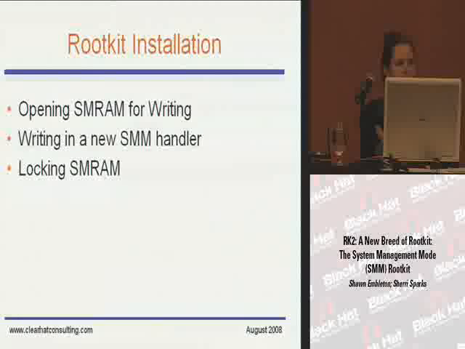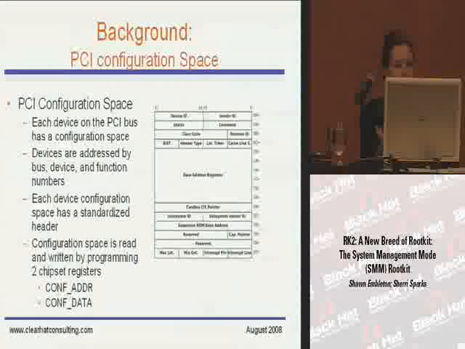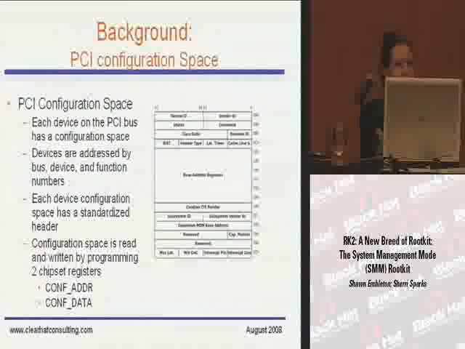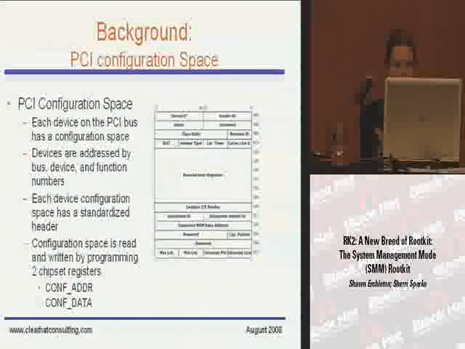Before we talk about the details of those things, I need to review the PCI configuration space, because the registers that we need to access are located on the chipset as opposed to in the processor. So we need to know how to access the chipset. Basically, each device on the PCI bus has a configuration space.